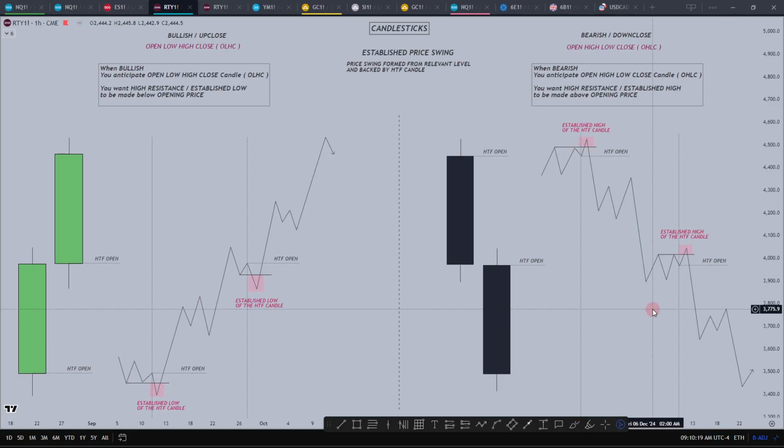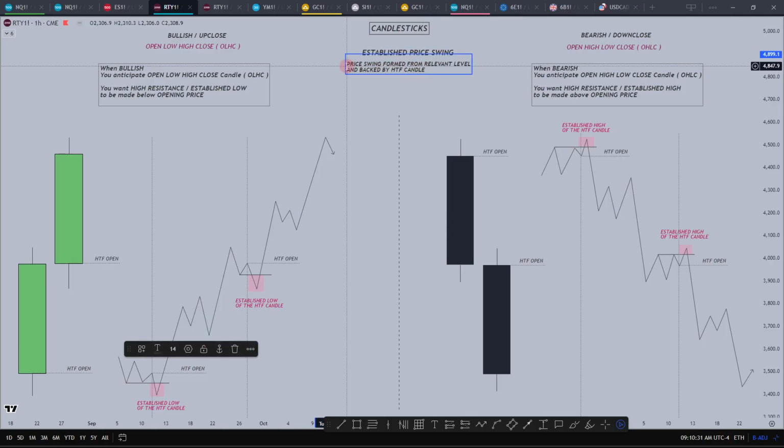This much is clear. Now we can read this established price swing, or protected price swing: a price swing formed from a relevant level and backed by a high time frame candle. This second line won't make much sense now until I talk about EQ logic and the entries part. Just read or try to understand the first line: price swing formed from a relevant level.